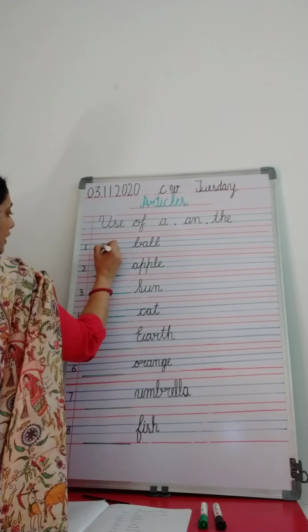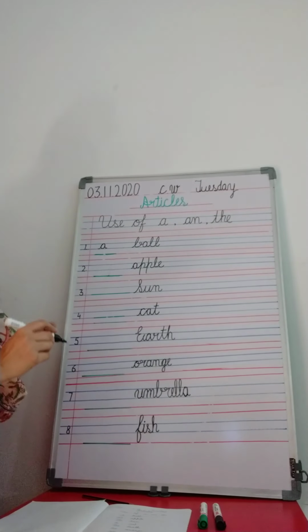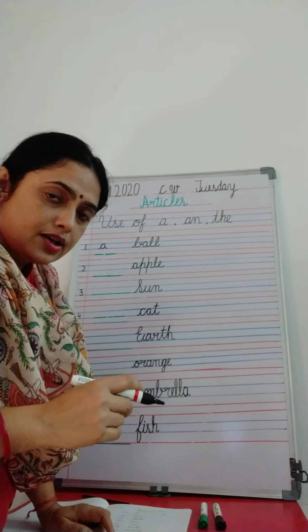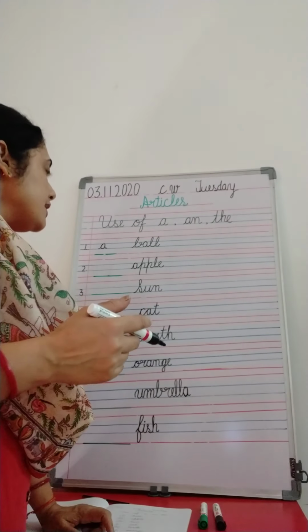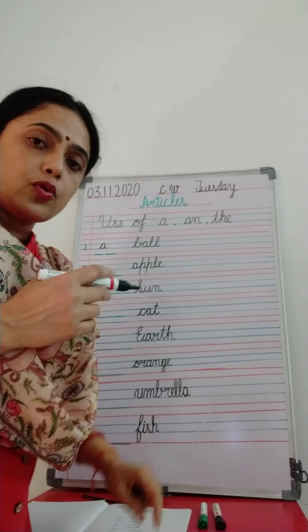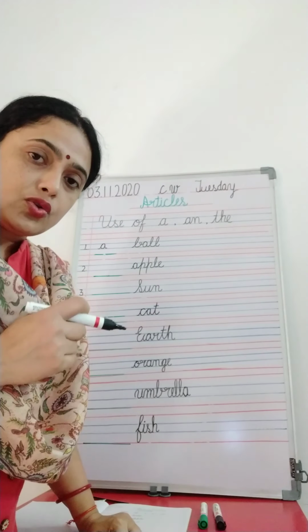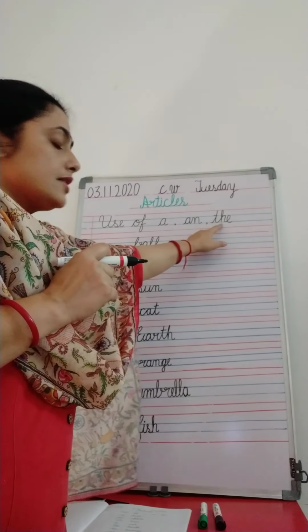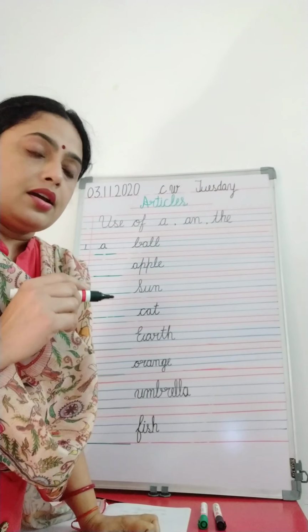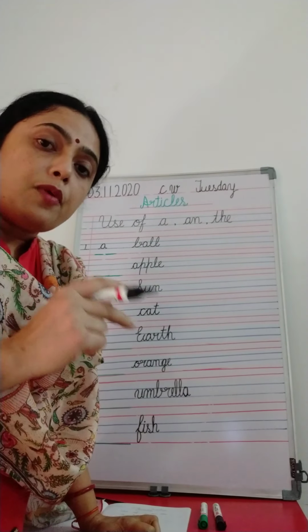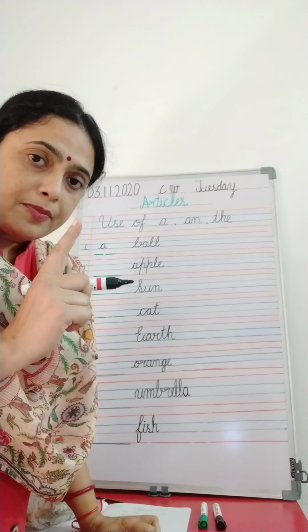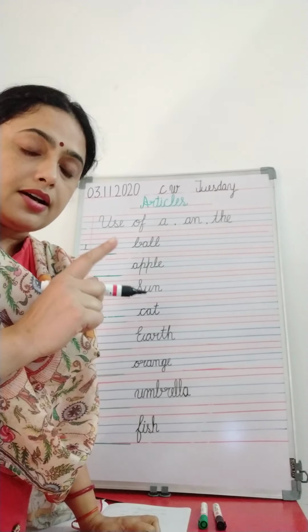Okay? Now see, if you have to use it in a sentence, and in our sentence the word ball we are going to repeat, then we can use the article the. How? This is a ball. For the first time I am using a. This is a ball.